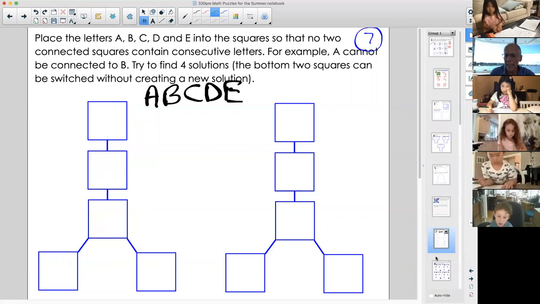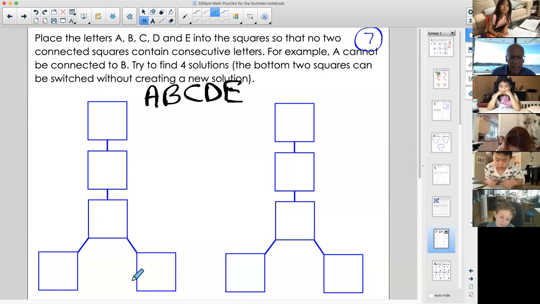Who's got an idea for the first try? Mr. Kramer, we lost you for a good 5 minutes, so you might just want to review the ABCD. Yes, yes, yes. So let me say again. The letters A, B, C, D, and E have to go in each square only once.